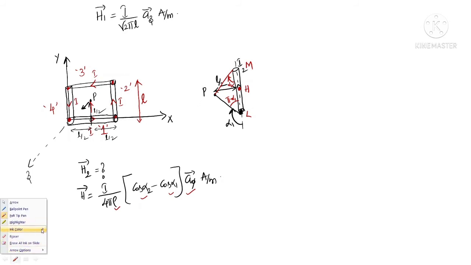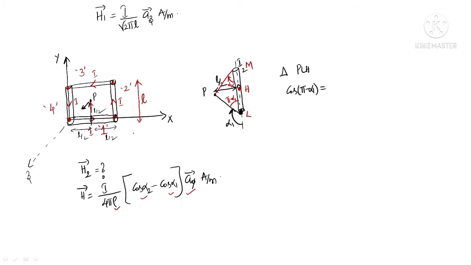What are the two triangles that we have here? The triangle PLH. If you observe from the diagram, from the triangle PLH, cos pi minus alpha 1.